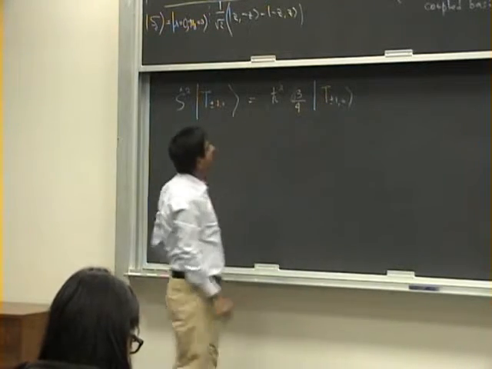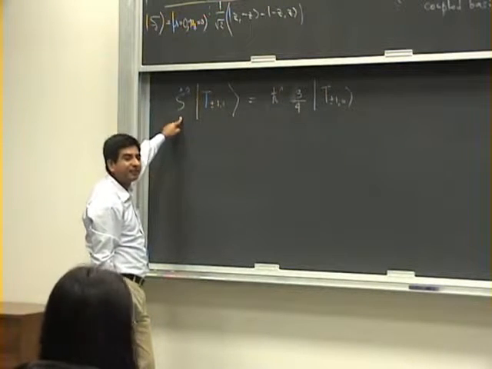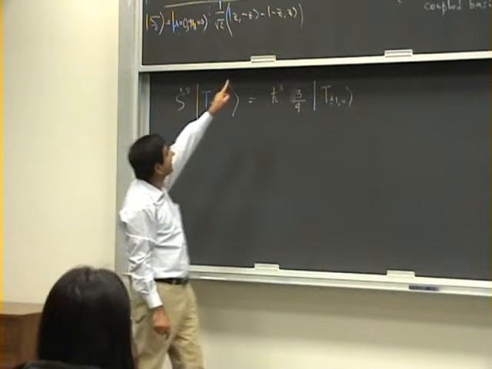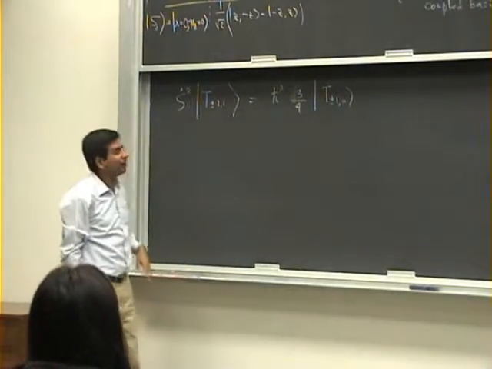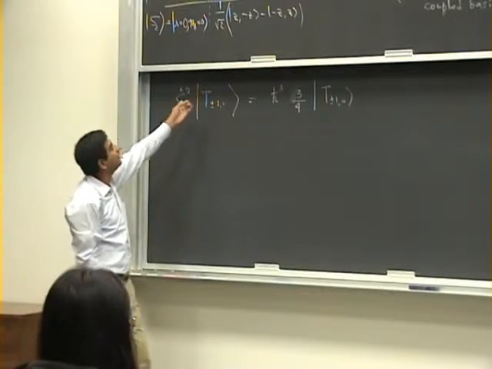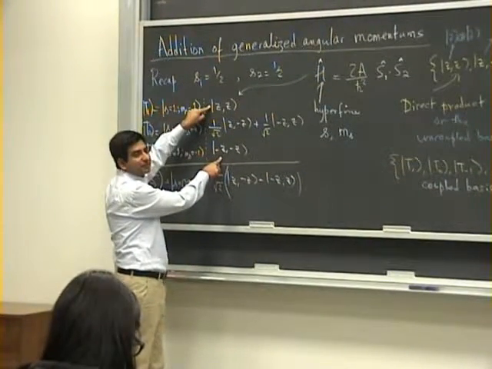This means that the triplet states are eigenstates of the total angular momentum squared. But these direct product states, the individual states, are not eigenstates of S squared. Only these two states are eigenstates of S squared.